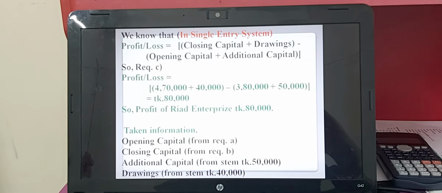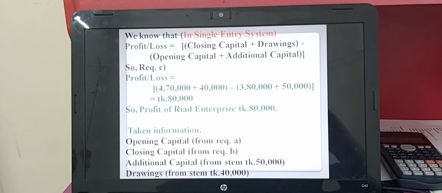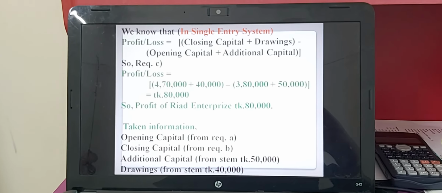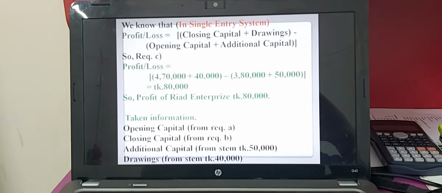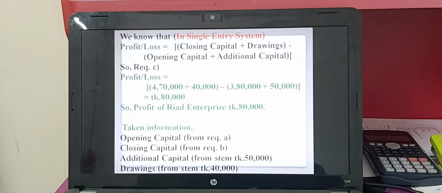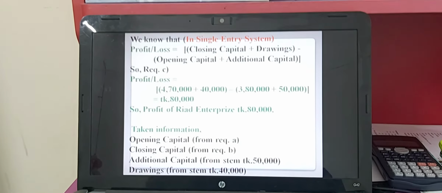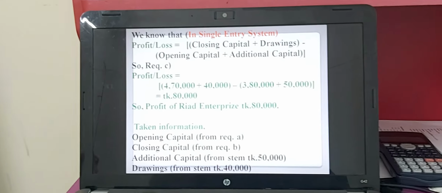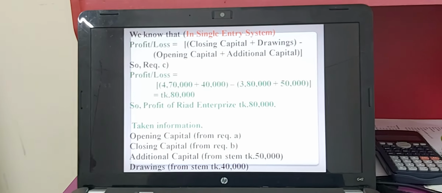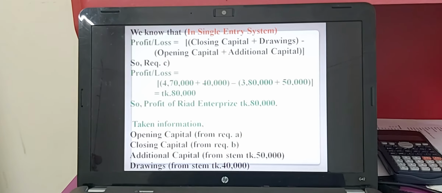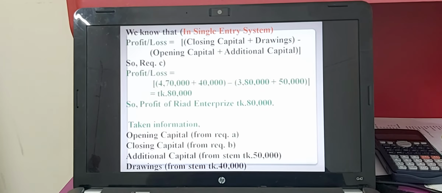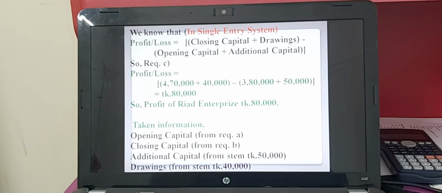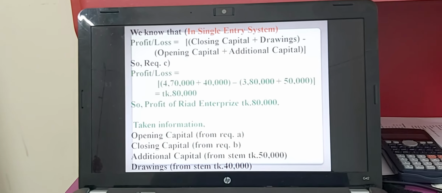Additional capital is the additional amount brought into the business by the owner at any time of the year. So Mr. Shahidul has additionally invested Taka 50,000 in the business. This amount is available in the stem, so we have taken Taka 50,000 for additional capital.